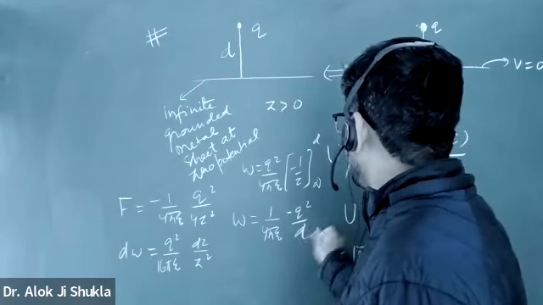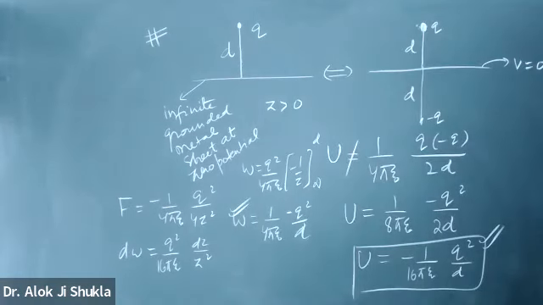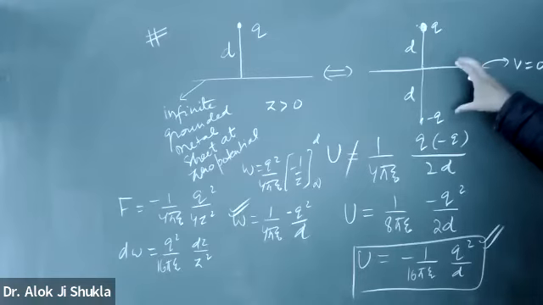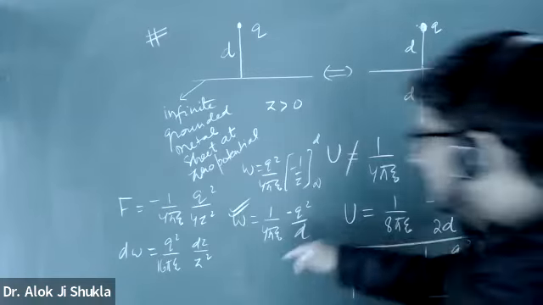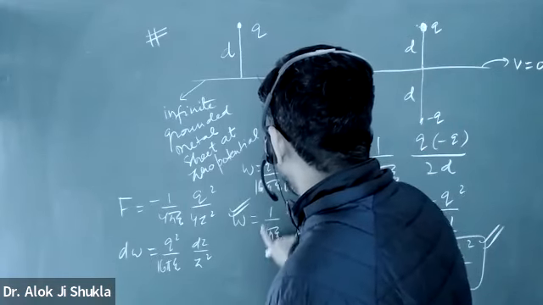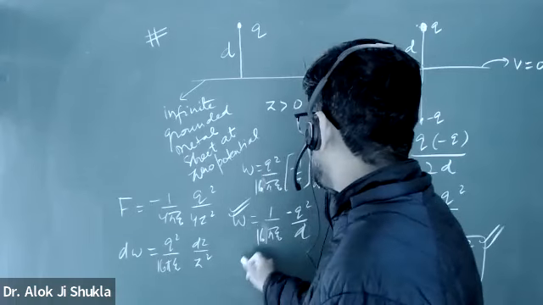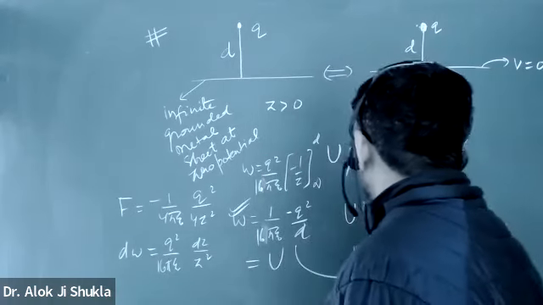Minus आएगा finally. Sir, force is attractive, na? Sorry, 16. I have missed this. Force is attractive, na? So work done finally will come out to be negative. This is the interaction energy U. So see, this is the same, na?